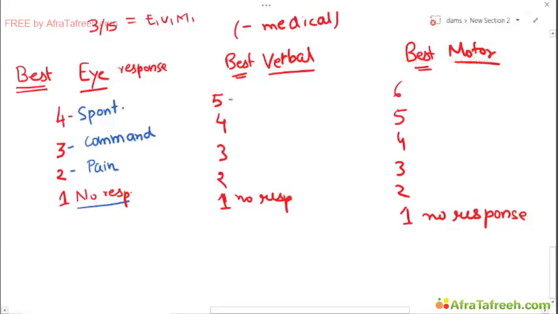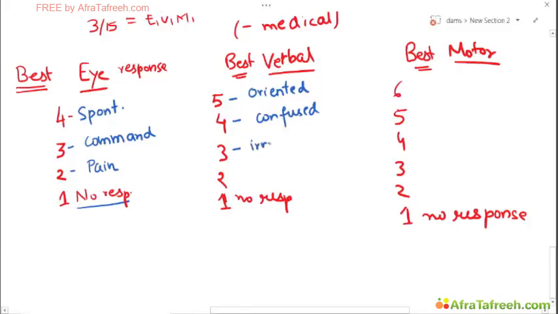For best verbal, for 5 we have a patient who is talking, while talking is oriented and is talking sensible stuff. 4, a patient who is talking but is confused. 3 is one which is talking in irrelevant words.